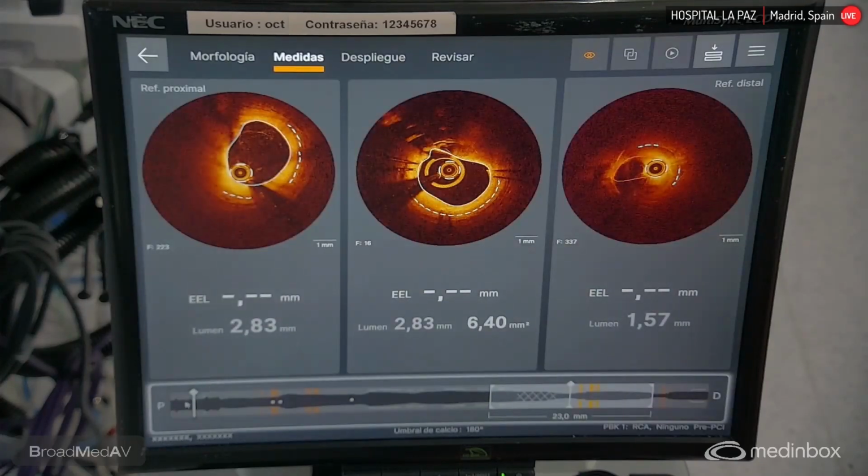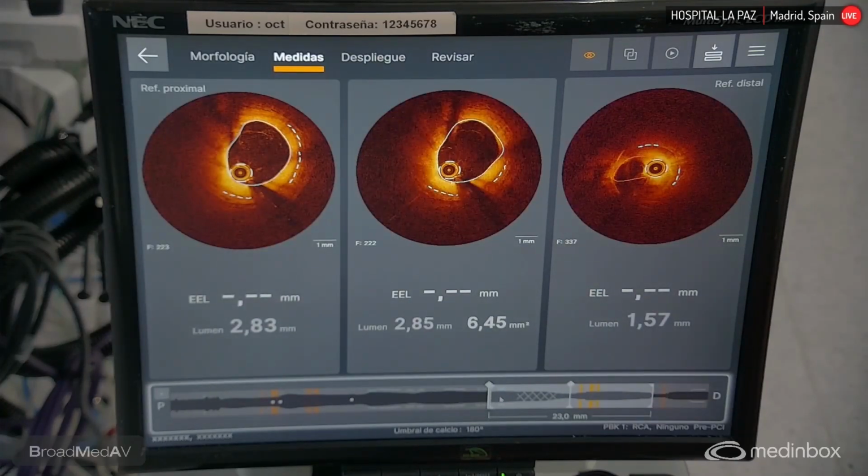Well, but let's prepare the laser catheter, please.